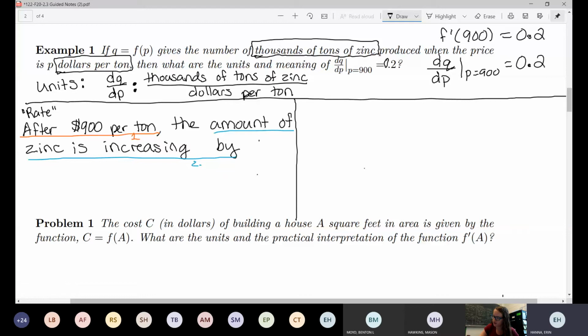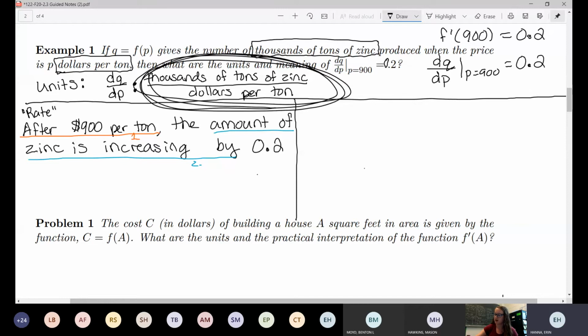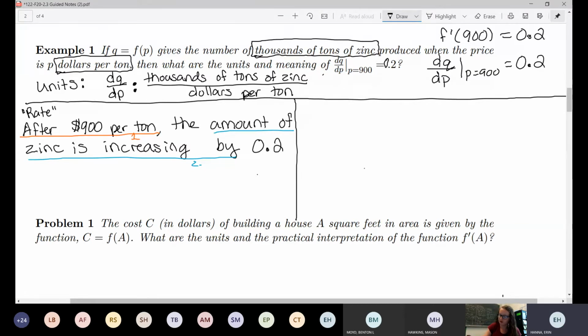So it is increasing by 0.2, and then since we're using the rate way, we have to use this entire unit for the derivative value. So it would be 0.2 thousands of tons of zinc per dollars per ton.